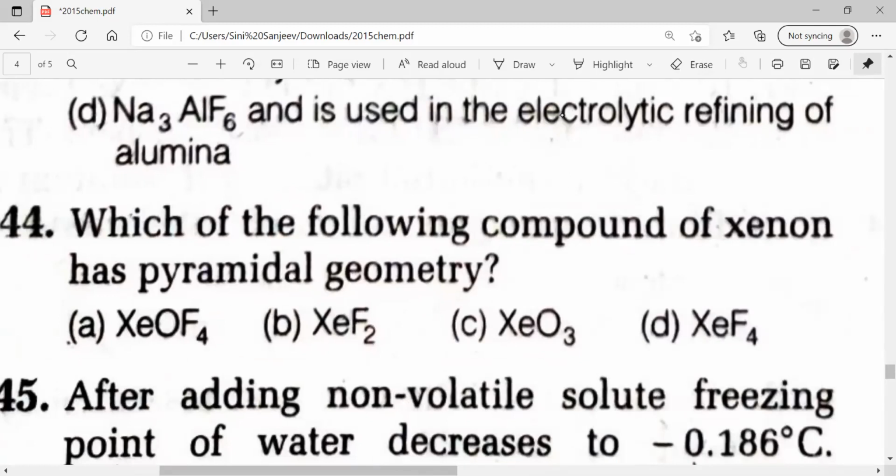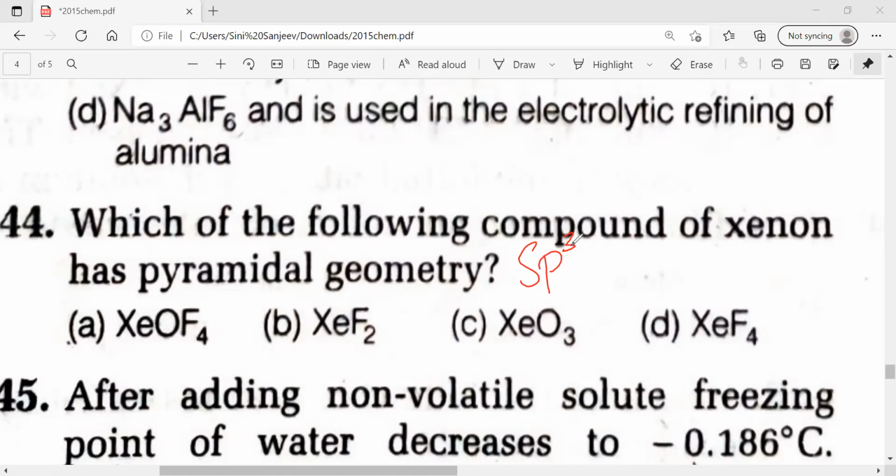Pyramid kind of thing. In the sense, what is pyramidal? sp3. Correct? Pyramidal.